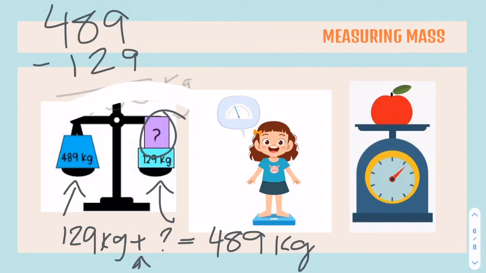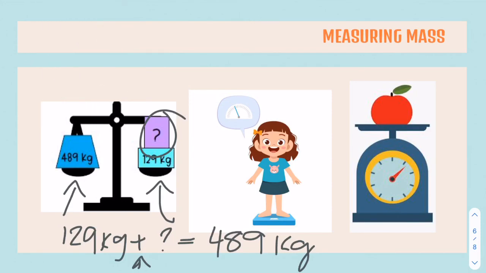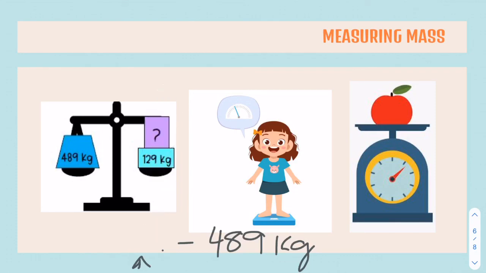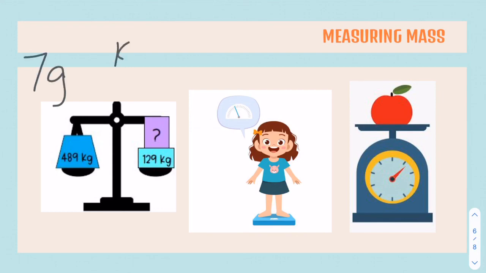Same way with milliliters and liters, make sure that your units of measurement are the same. You cannot add and subtract grams and kilograms from each other. In the same way we did with milliliters and liters, if they gave you 7 grams and wanted to know how many kilograms that is, you would have to actually divide 7 by 1,000, and we can't do that.